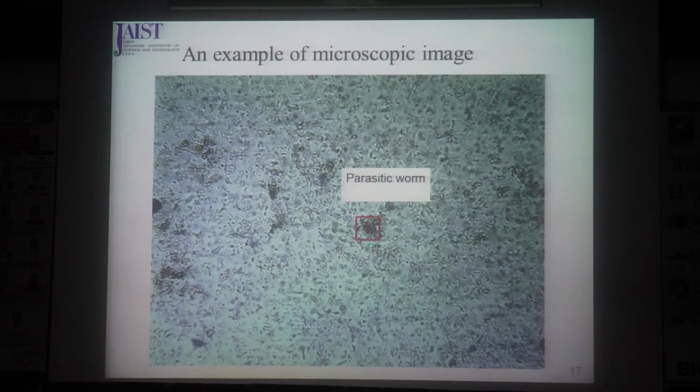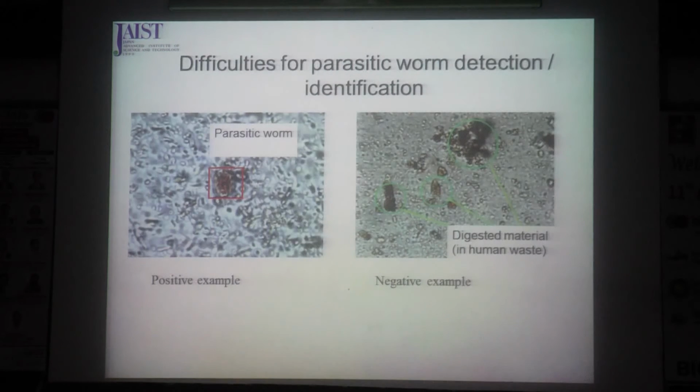So the matter is how we can help the doctors find such a parasitic worm, which will be the reason for diseases. However, the difficulty of this topic is something like this.